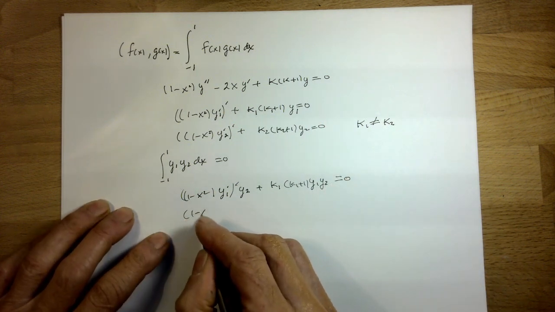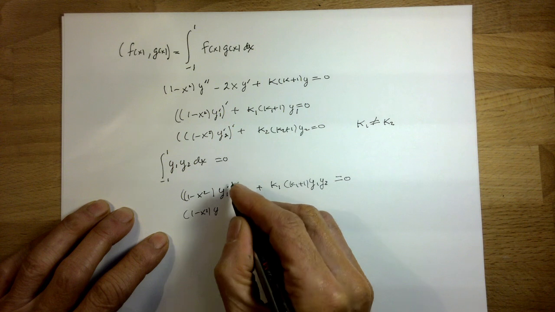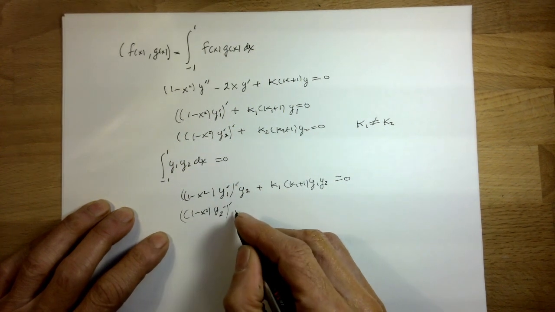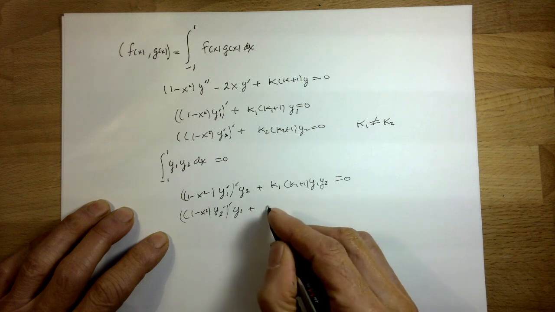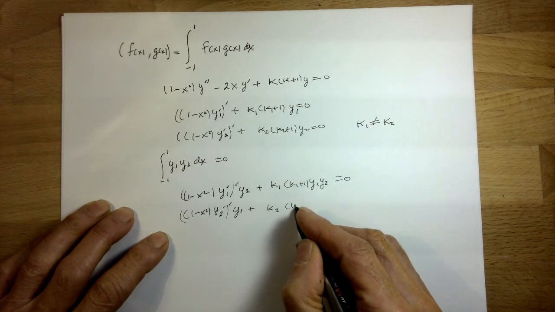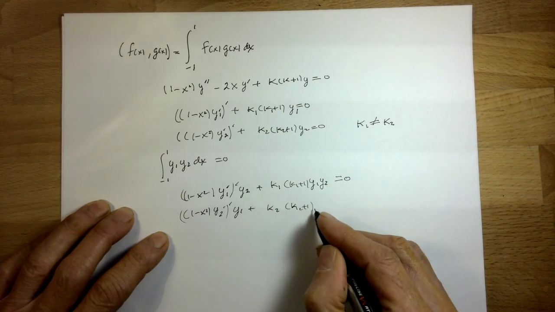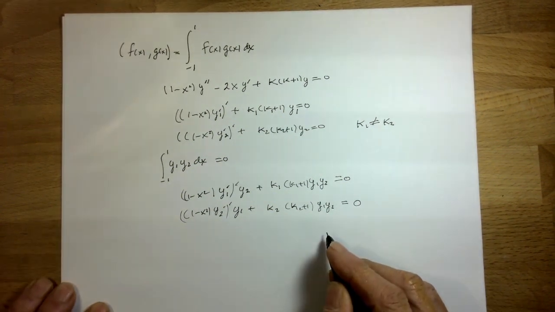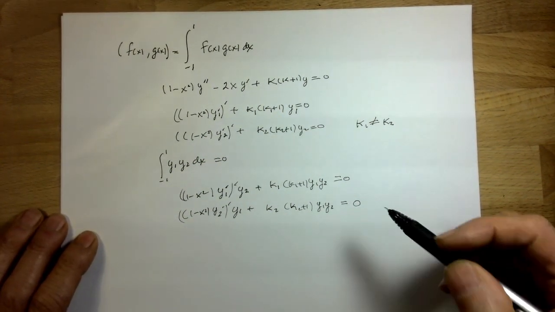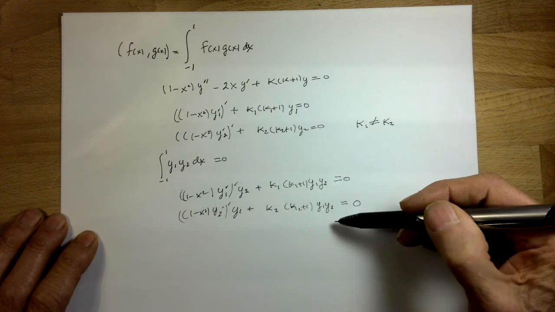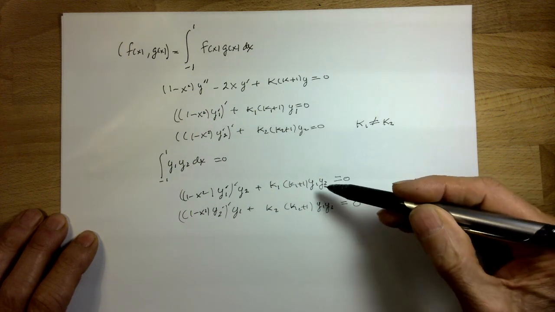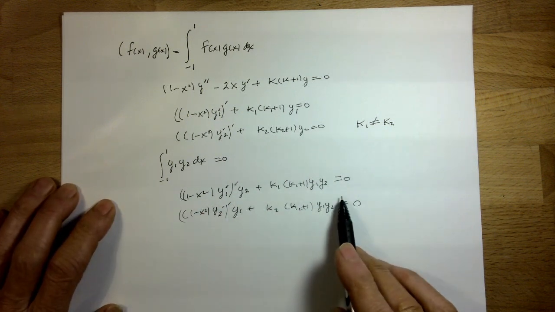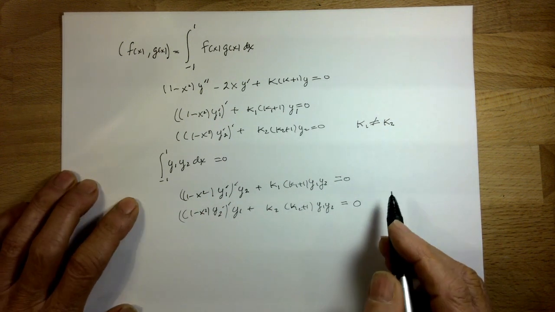And the derivative of (1 minus x squared) y2 prime, times y1, plus k2 times (k2 plus 1) y1 y2, equals 0. Now when we subtract these two equations, we're going to get the y1 y2 term, which we're going to integrate. So we're going to integrate both of these equations.